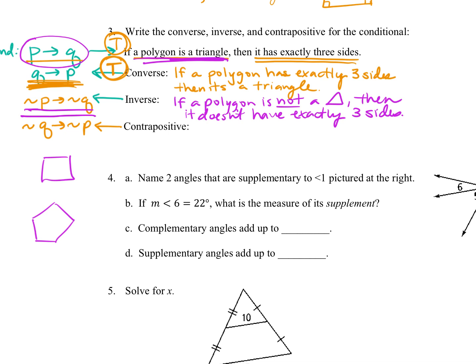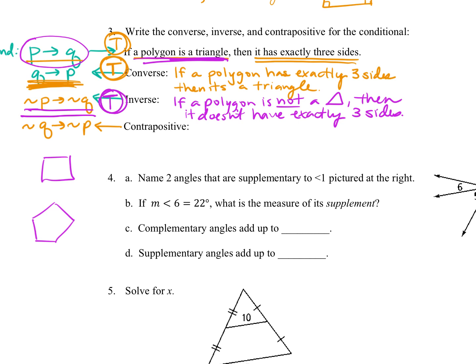Tri means 3, right? Triangle. Quadrilateral is 4, pentagon is 5, all of that. So it's true? If a polygon is not a triangle, then it doesn't have exactly 3 sides. That's true, right? It's gonna have 3 sides if it's a triangle. So this would be true.